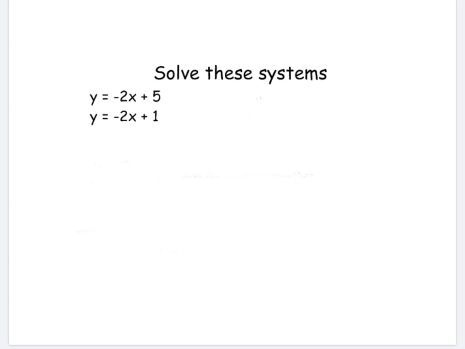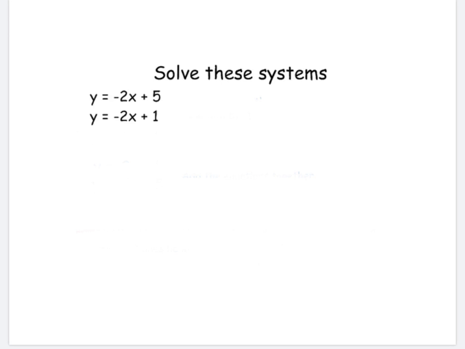So they already are lined up, but we have to make one coefficient opposites. So the coefficients of y are both 1, and the coefficients of x are both -2. So it does not matter which one we make opposites. So let's look at x. If I want to make x the opposite, they're both -2. In order to make one the opposite of -2, which would be +2, I'd have to multiply one of the equations by -1.